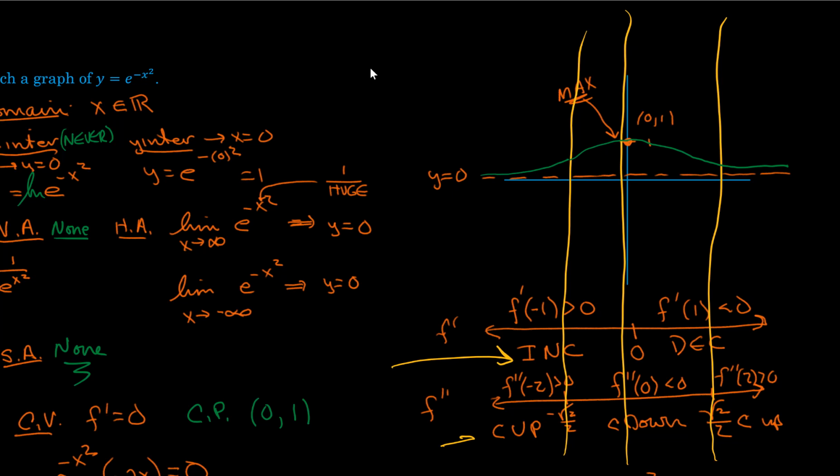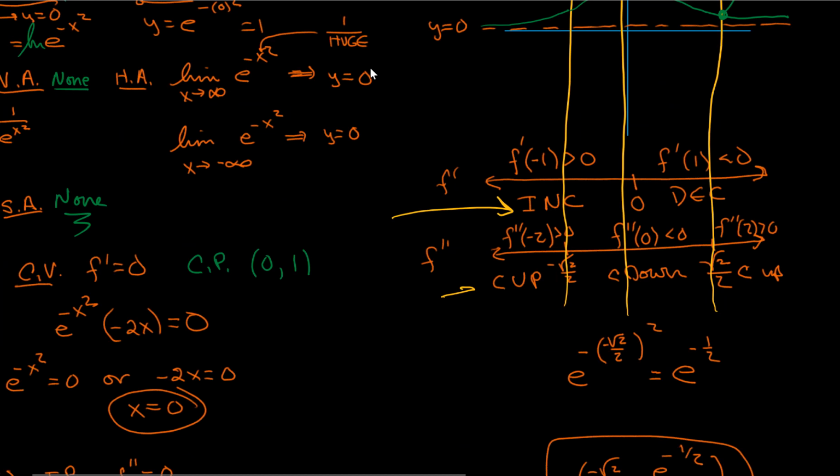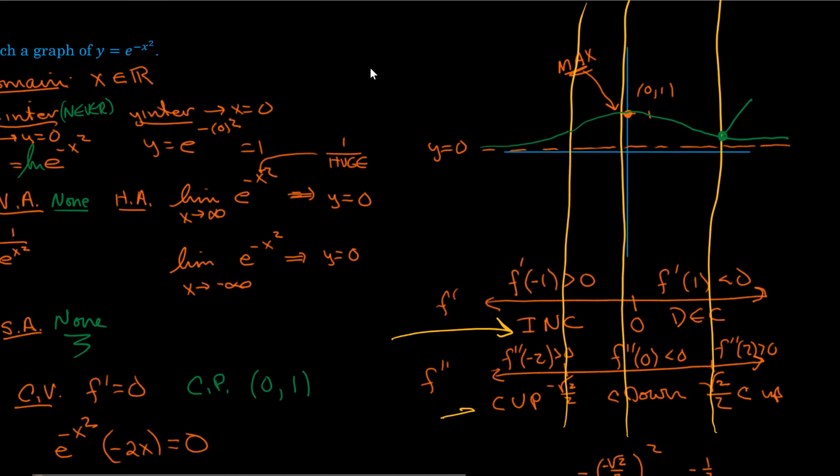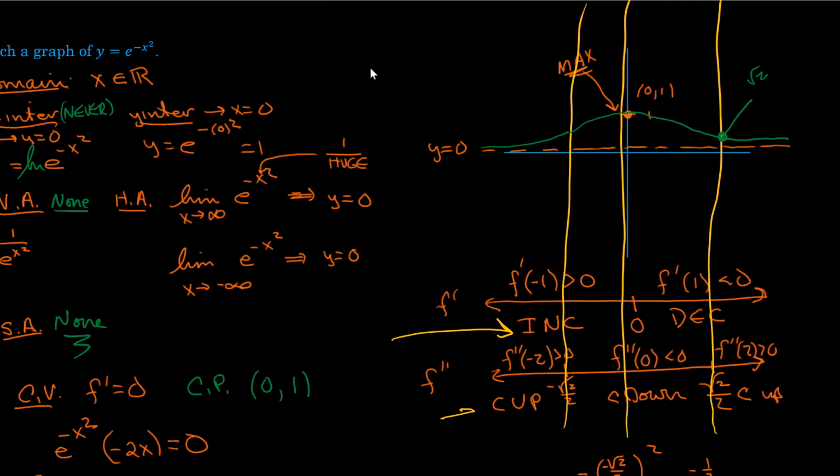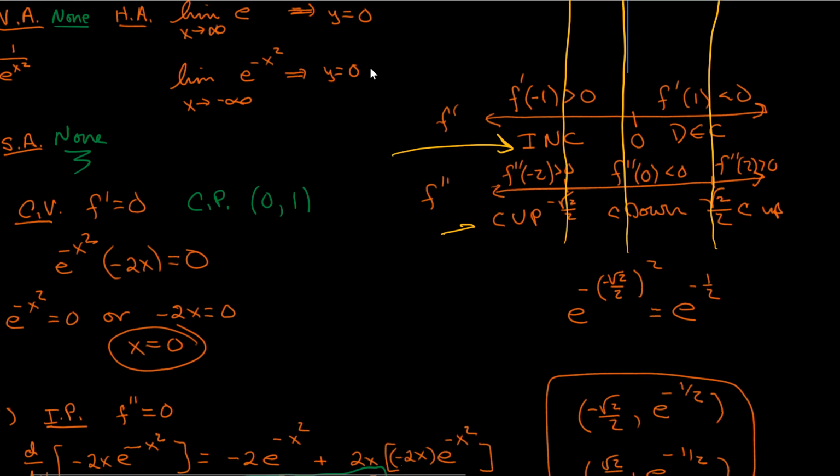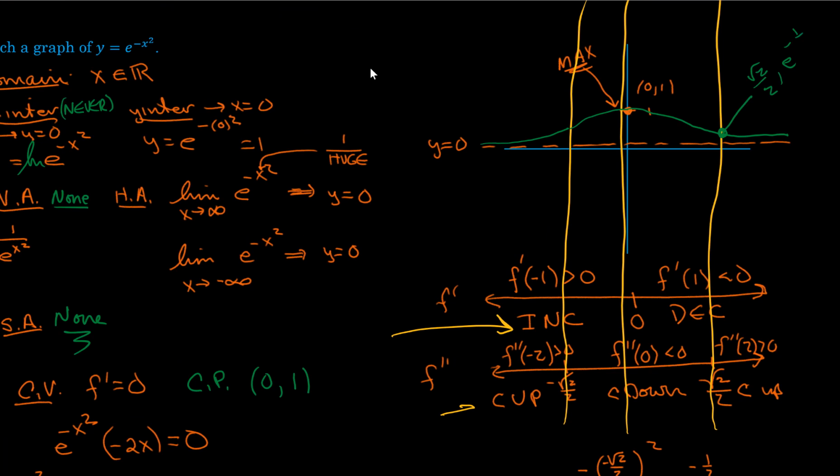There is an inflection point here with coordinates square root of 2 over 2, comma, e to the negative 1/2. On the left side, there is a second inflection point with coordinates negative square root 2 over 2, e to the negative 1/2.